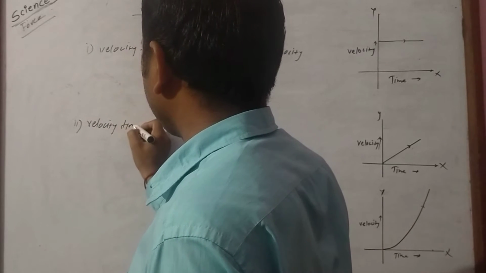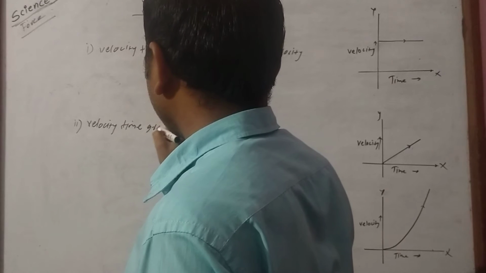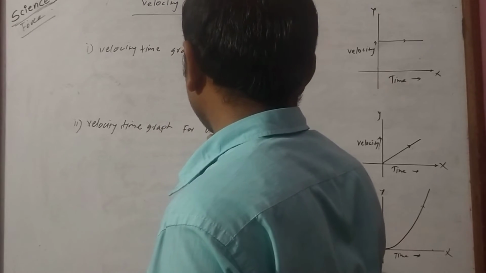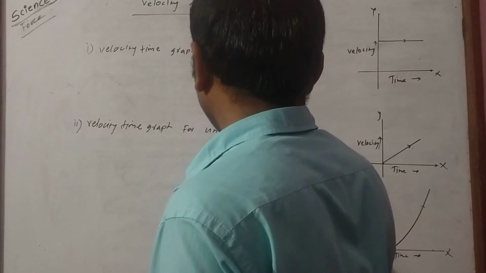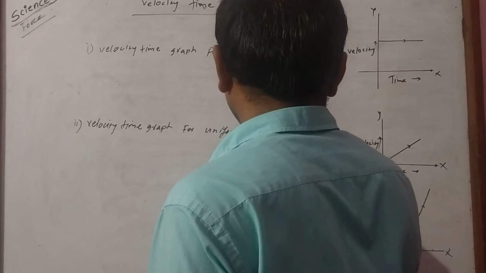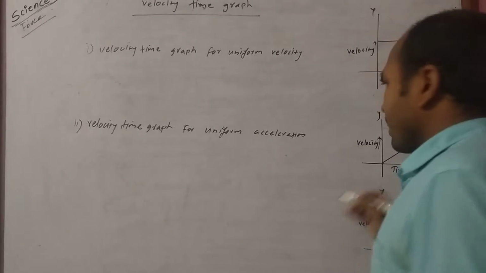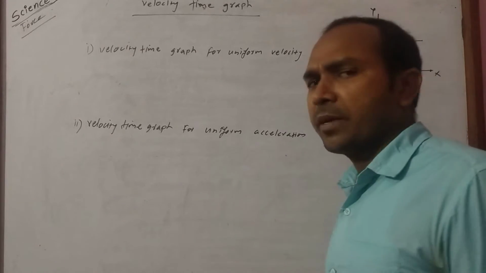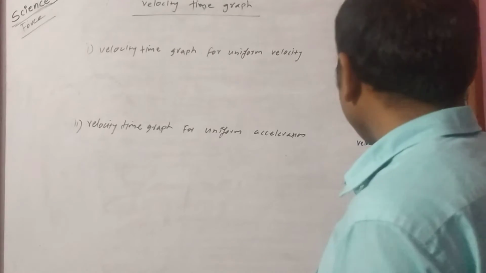Another, and this is the velocity time graph for uniform acceleration. Uniform acceleration means the acceleration is produced in the body, but at an increasing rate.